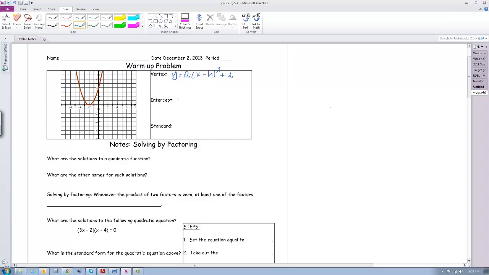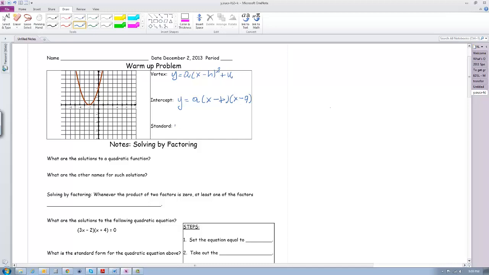The intercept form is written as y equals a, then multiply x minus p and multiplies x minus q, where we call p and q the solutions of the x-intercepts of the parabola.